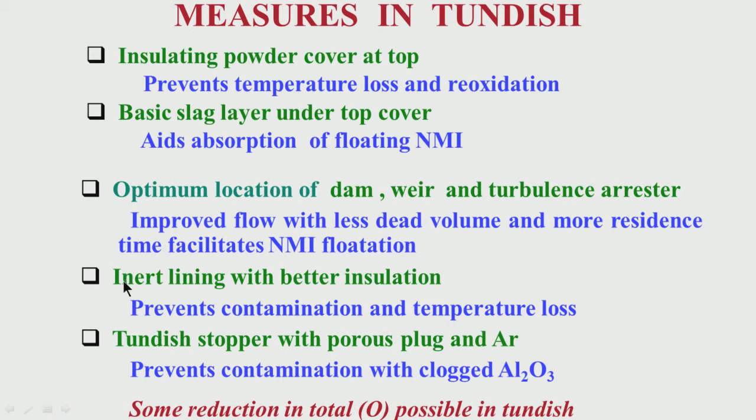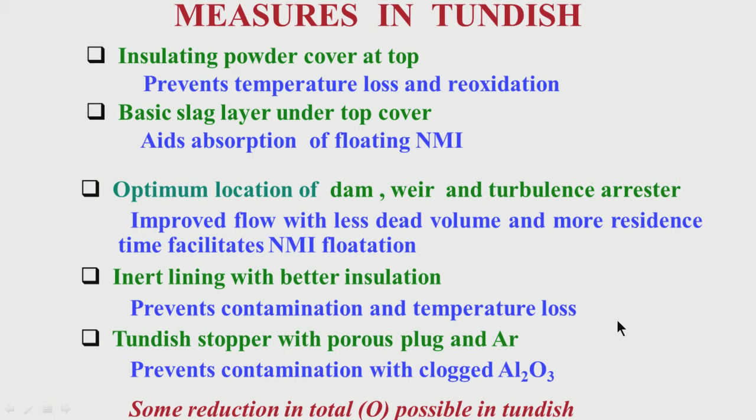Then, as I was mentioning, we must have good insulation, it should not cause contamination or temperature loss, this is very important. Then the tundish stopper with porous plug and argon is very important, because this prevents contamination with clogged alumina.